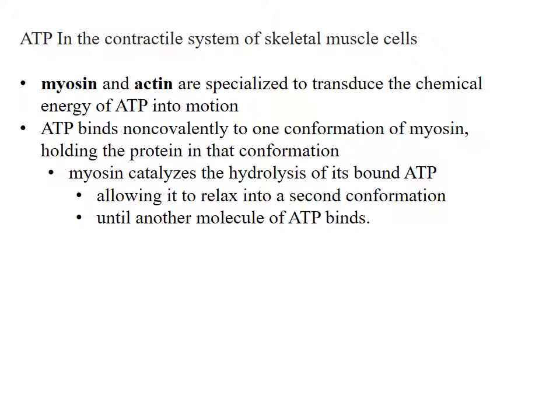But the point is that it results in a release from myosin that in turn results in relaxation of the protein into the second conformation, up until the next ATP molecule binds to the myosin, and we see this circular process occurring over and over again. So these micro changes in conformation of myosin result in overall movement of the muscle. Remember, we always talked about myosin walking over actin.